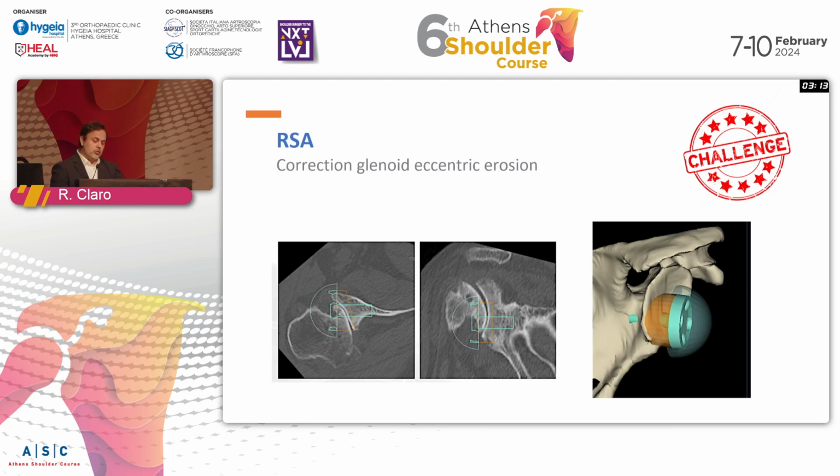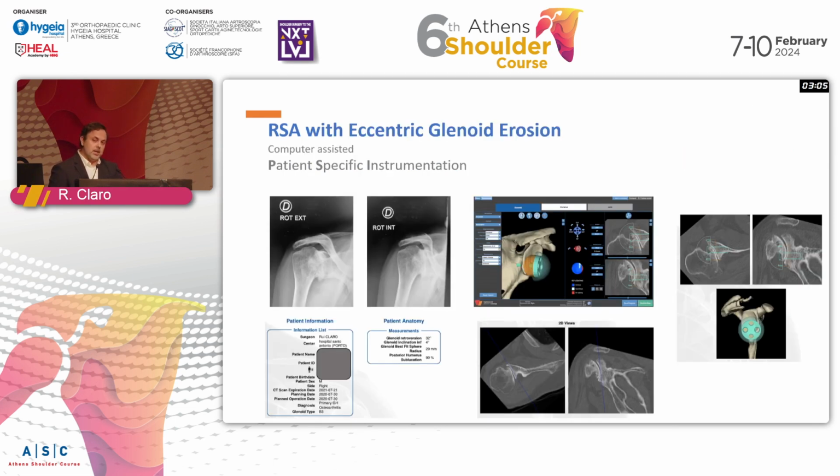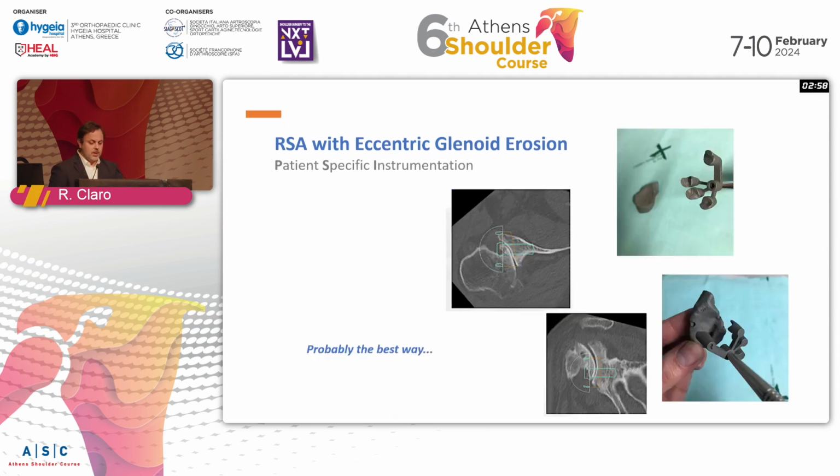Maybe when we try to correct this eccentric erosion with a reverse in this kind of patient, it's a challenge, and probably the best way of achieving this is computer-assisted, like patient-specific instrumentation, to achieve a better correction and to be more reproducible when we are dealing with these eccentric glenoid erosions.